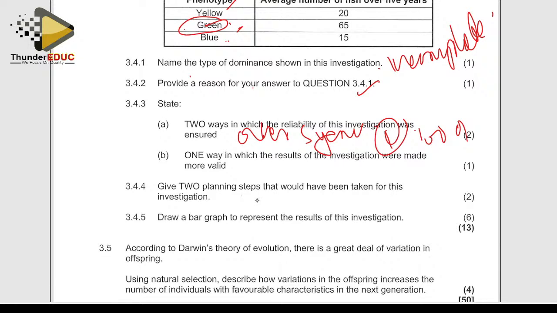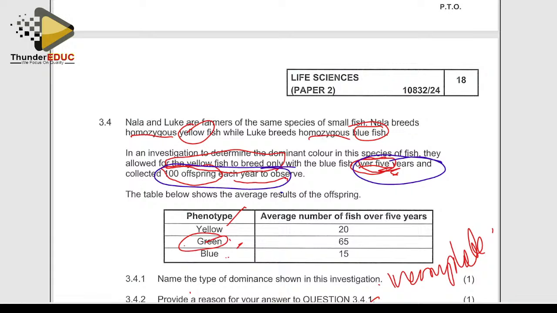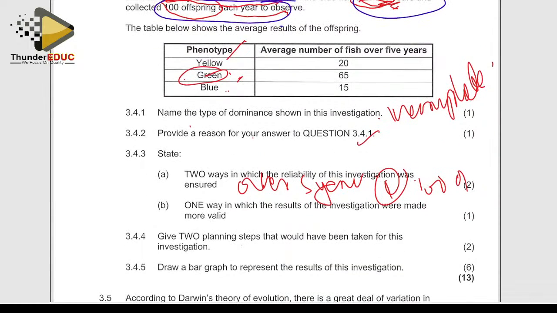So give two planning stages. In the planning stage, you see that they had to identify the homozygous blue species and also homozygous yellow. Then number two, where did they fish them? They had to prepare where these fish are going to be bred from, like maybe the pond and stuff. So how did they obtain them?